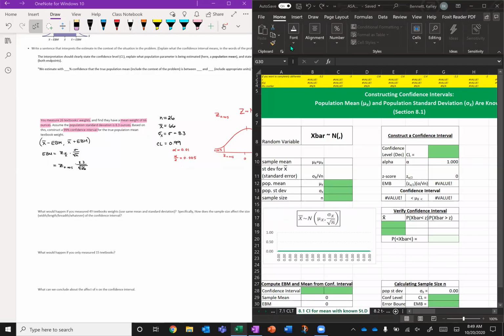So in our chapter 7 and 8 Excel workbook, there's a tab on the bottom that says 8.1 CI for mean with known st.dev. This is the one we're going to use when we know the population standard deviation.